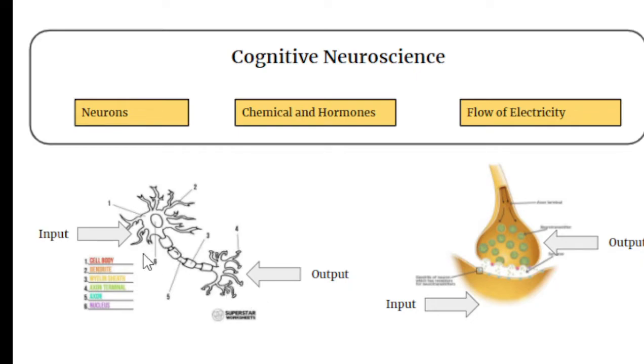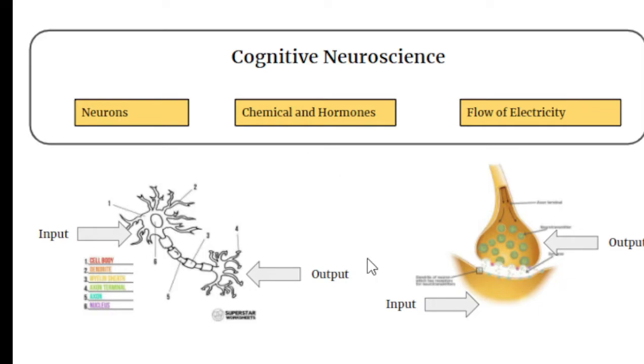So what happens is that when a signal is received over here, if we zoom into this, we see this part, and if we zoom into this, we see the upper part. When a message is received from another neuron, it is in a chemical form.